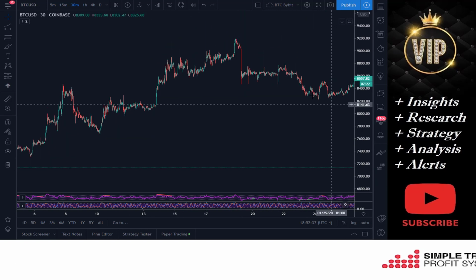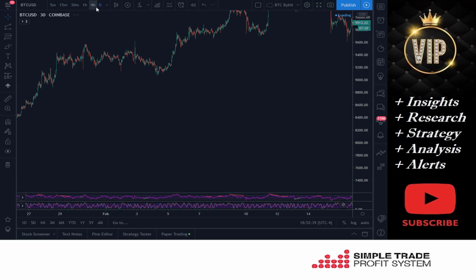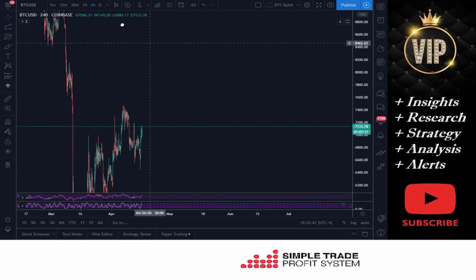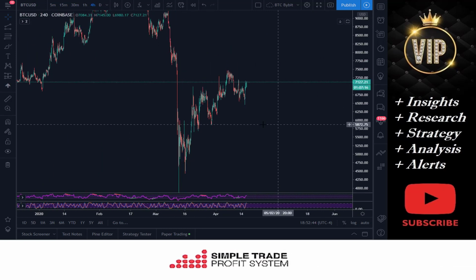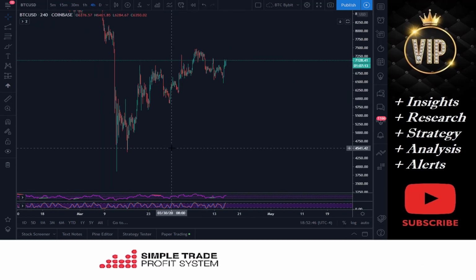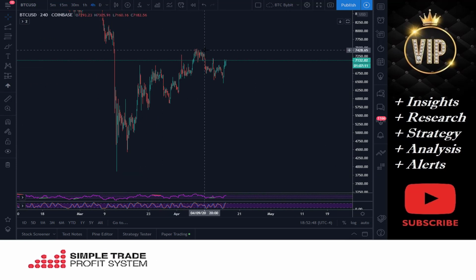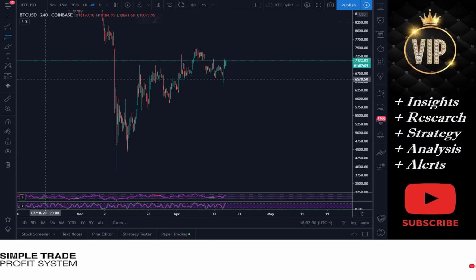So this is a good tool to use, especially now, to see where we could be headed to, where price is going to react to. So let's go from this low to this high and see what it looks like.